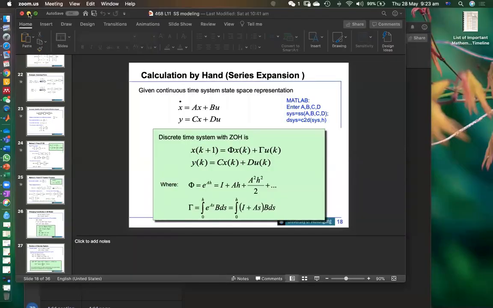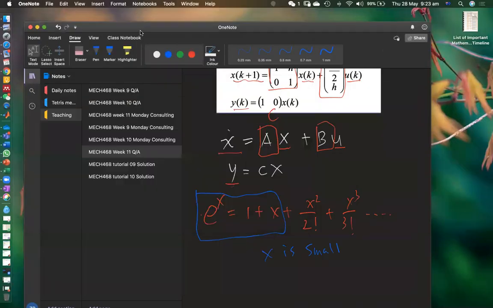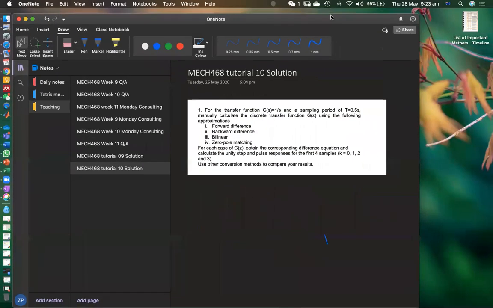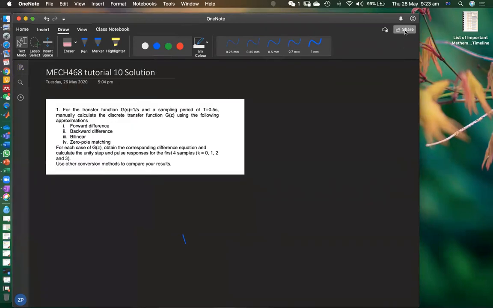So let me share my screen. Week 10 solution. I can do some handwriting and help you go through all this.